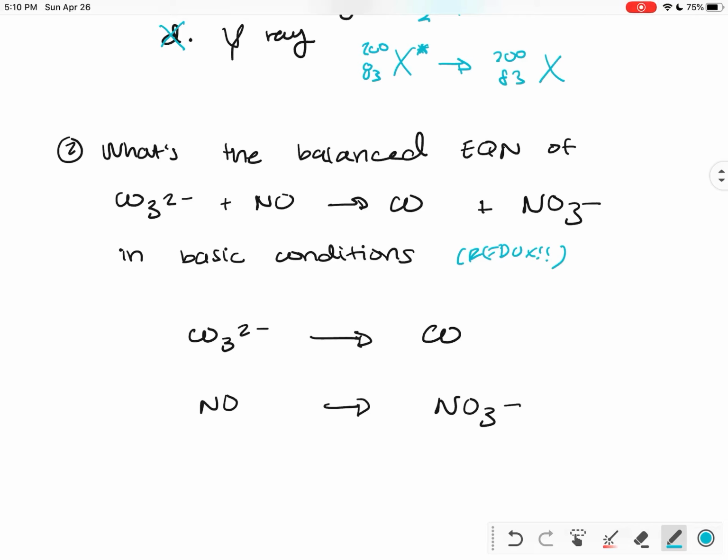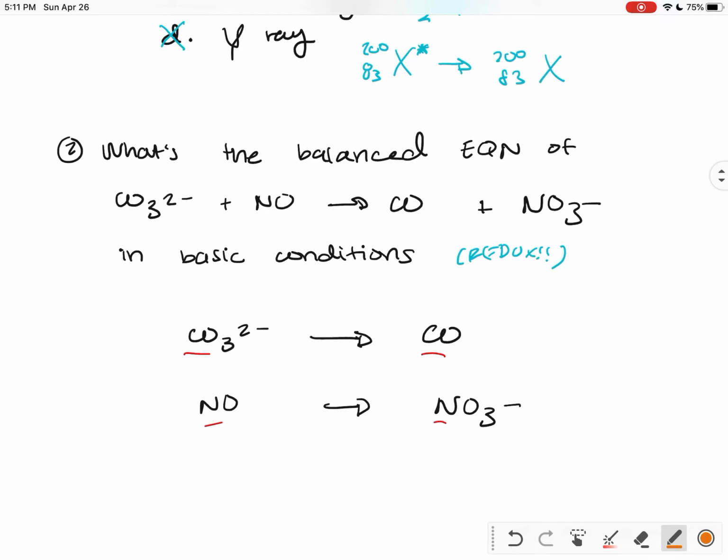Okay, so now we have to start balancing this, and this is definitely where it gets a little bit trickier. The first thing that we want to do is balance all the non-hydrogen, non-oxygen atoms, which in this case are all balanced. So carbons are balanced and nitrogens are balanced. Now we go to the next step, which is to balance the number of oxygens with water molecules.